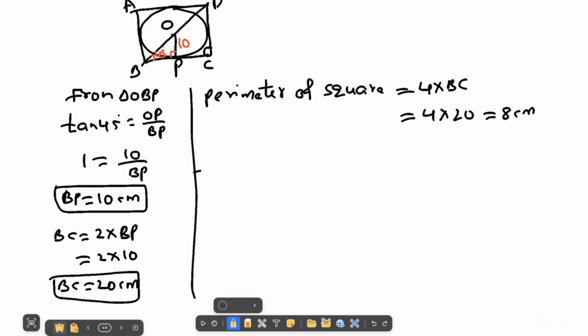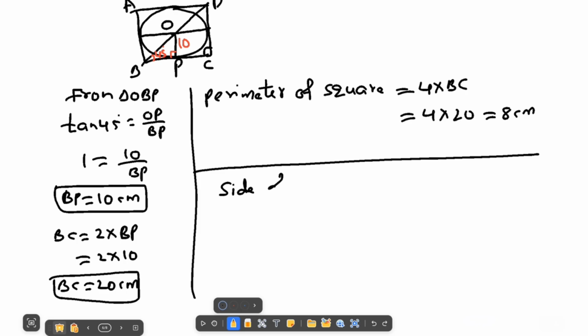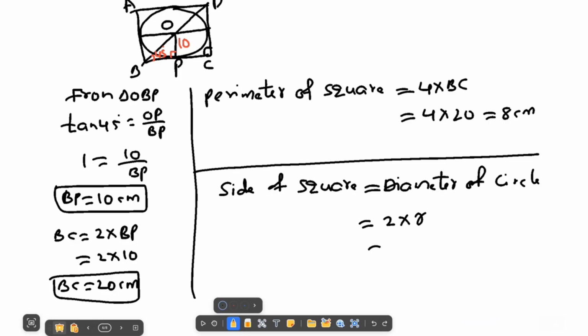We can also find the side of the square like this. The side of the square is equal to the diameter of the circle. The diameter is 2 times the radius, right?